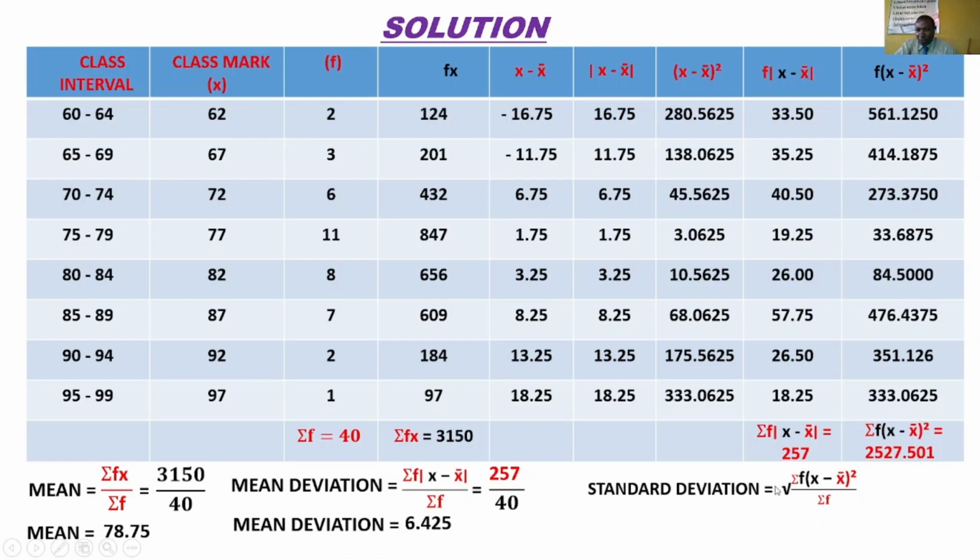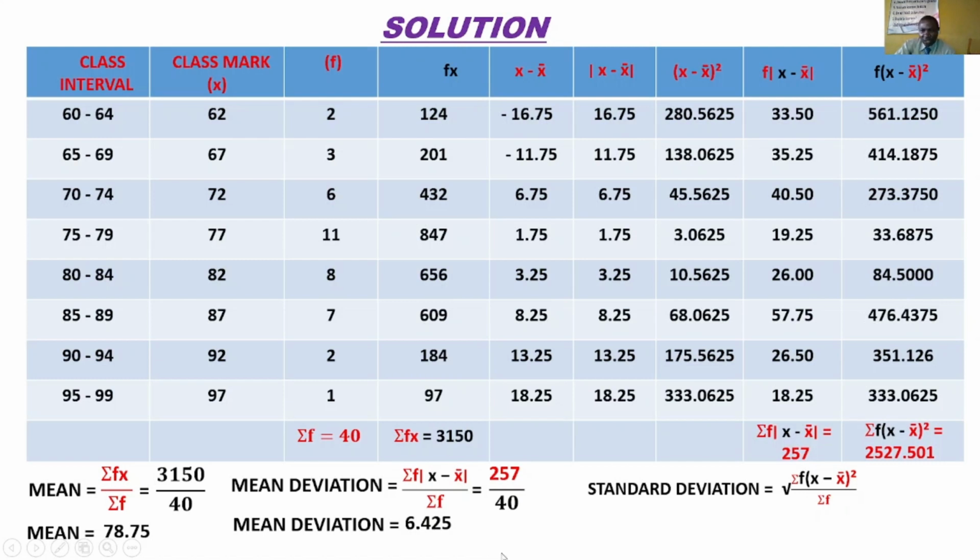Without this square root, what we have is what is called the variance. So let's assume that you are asked to determine the variance. The formula for your variance is the summation of f times the bracket of x minus x bar squared, all over the summation of f. So without the square root, the formula is for variance. With the square root, the formula is for standard deviation. Please don't mix it up.